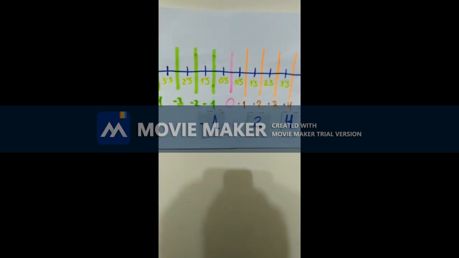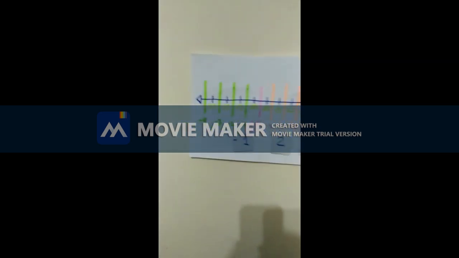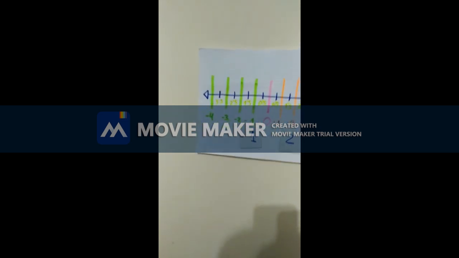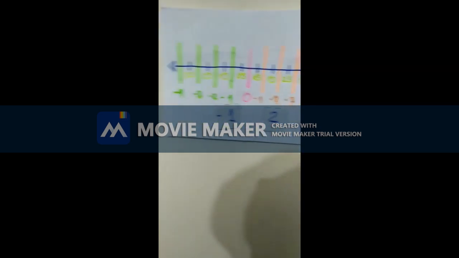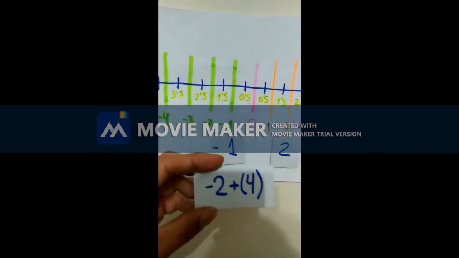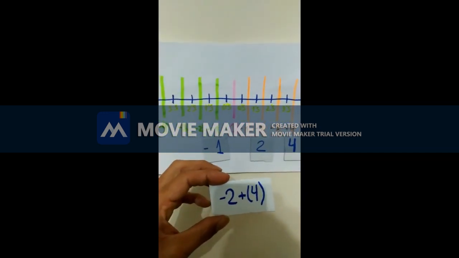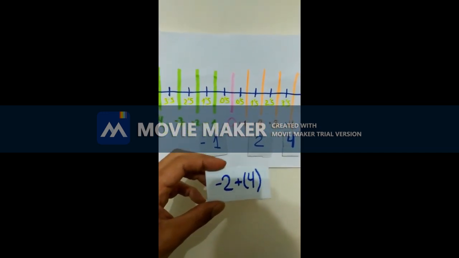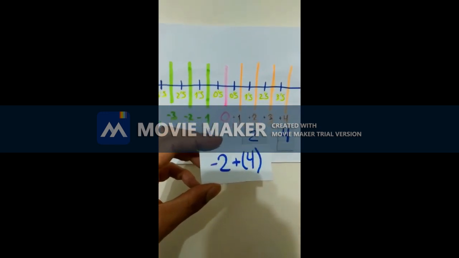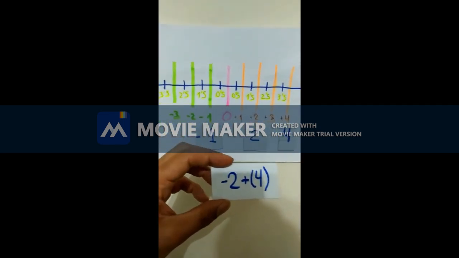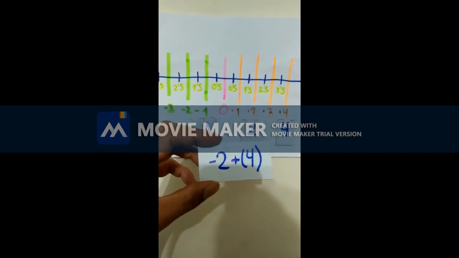All right, guys. So, for example, when we have to do some kind of subtraction or addition, as we have here, we have to take the 0 point as a reference and then go the negative or the positive way. It depends on the number. Obviously, we have here -2.